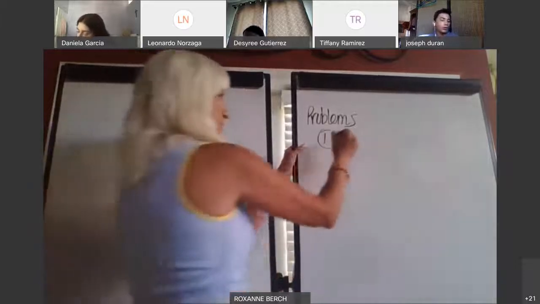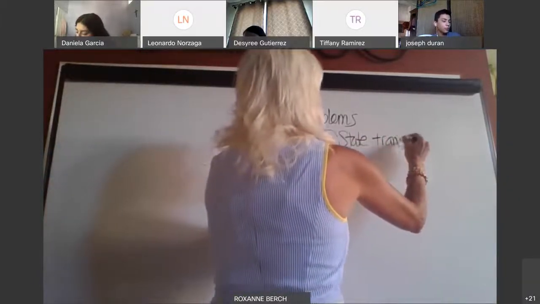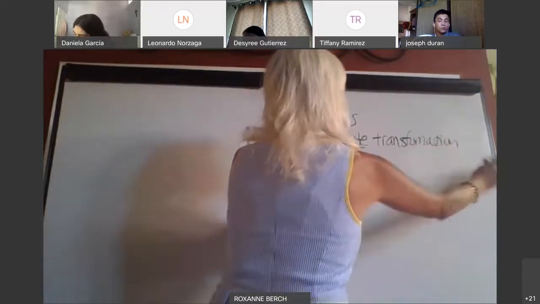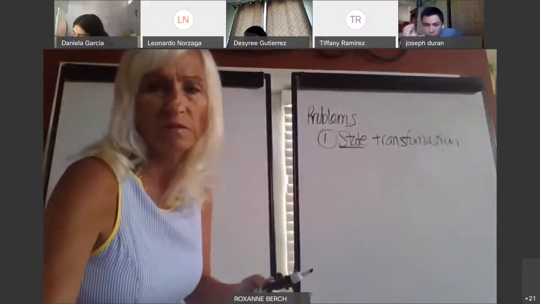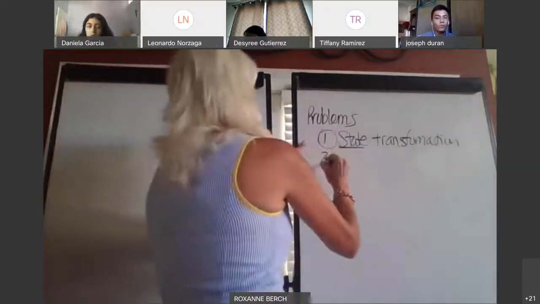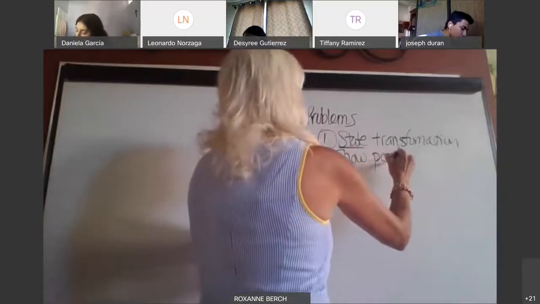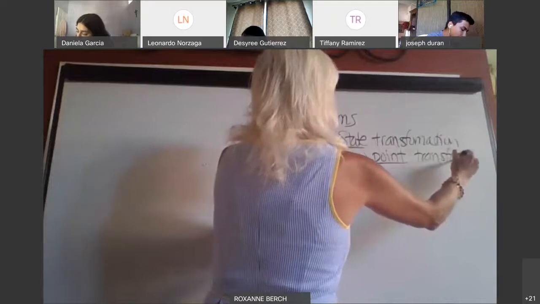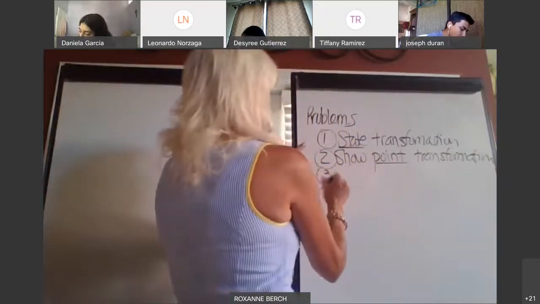I'm going to want you to state the transformation, which we practiced last week. So that's actually just writing in words. I'm going to want you to show the point transformation. And 3, you're going to graph.